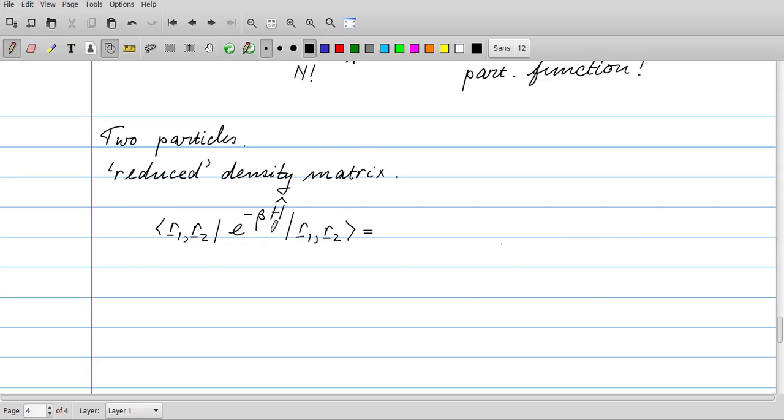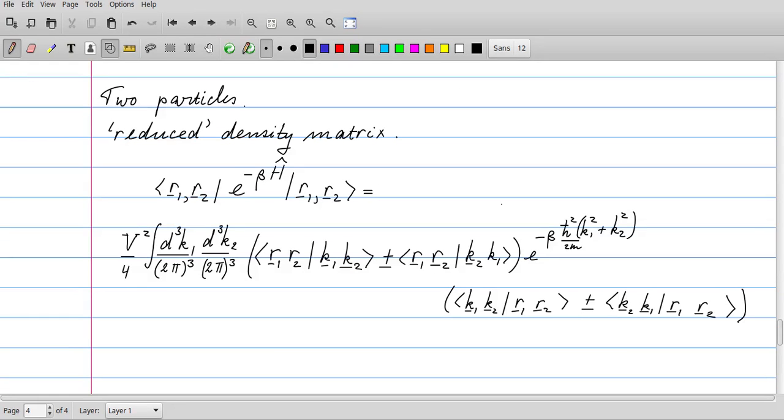Now the difficulty is that here we have an r1, r2, and the Hamiltonian is formulated in terms of momenta or k vectors. And so we have to insert a unit operator, which is of the form sum over k, |k><k|. This is the completeness relation in quantum mechanics, and we have to do that for particle 1 and for particle 2. So we have to include k1, k2, k1, k2 in this case.